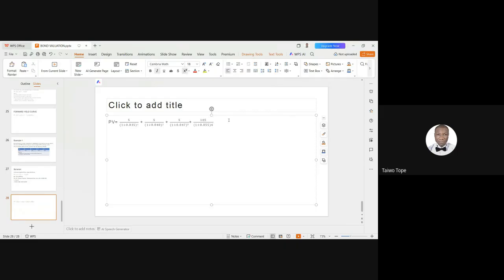We have PV equal to the sum of these terms. When you go one more step, 1 plus 0.035 will give you 1.035.